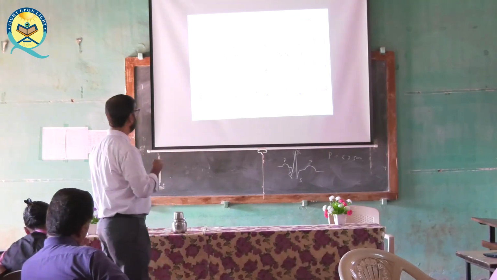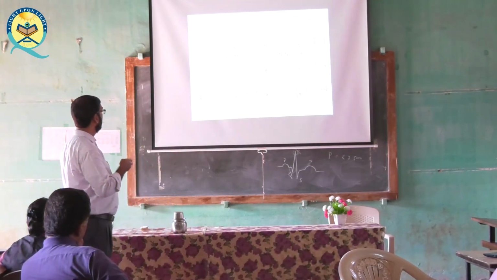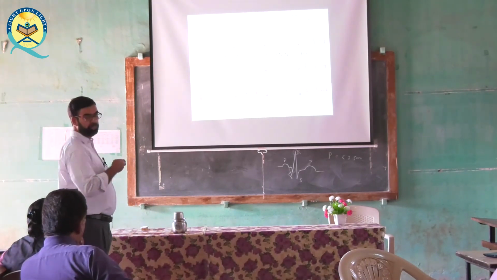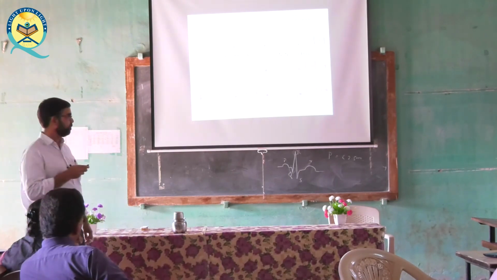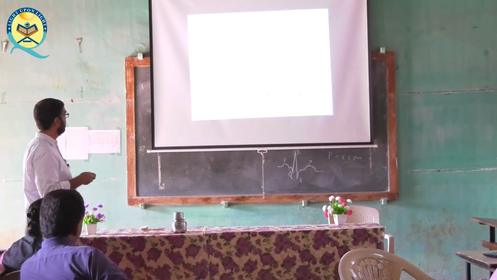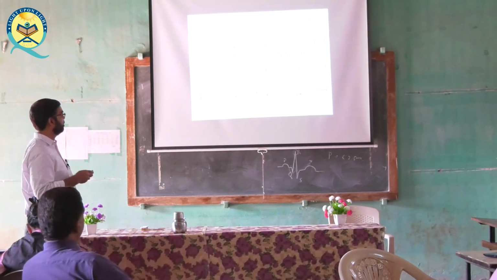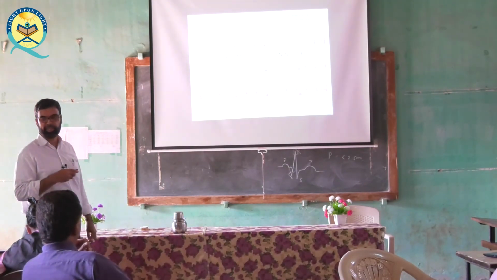In lead 1, how much it is? 5 plus 2 plus 3 means total 10 millimeter. The amplitude of R wave in V1, it is just 1 millimeter.